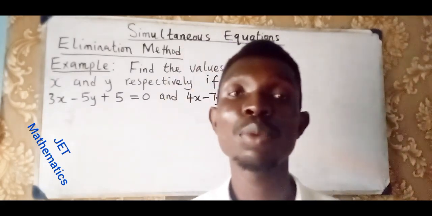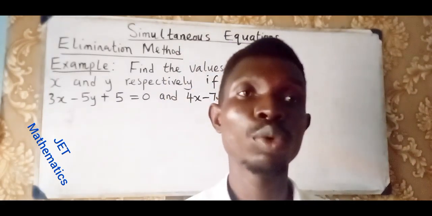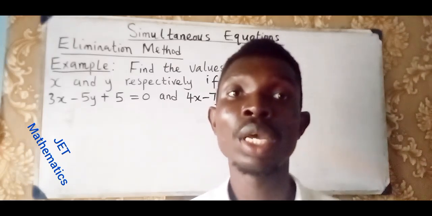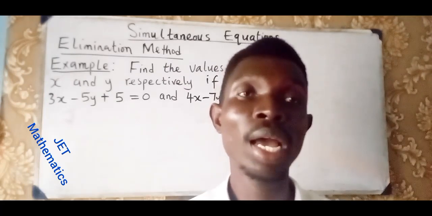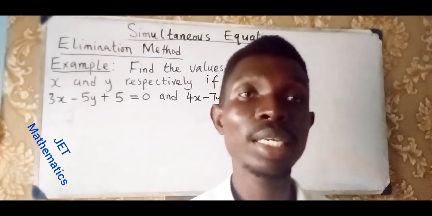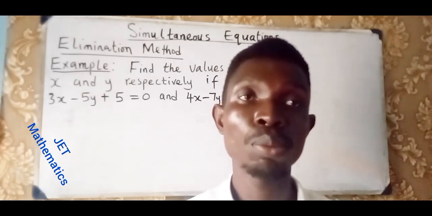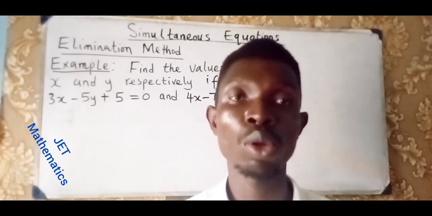In this series of videos, we'll be looking at simultaneous equations. A simultaneous equation involves two or more equations, and these equations could be linear or quadratic as the case may be. Also, the equations may involve two or more unknowns.